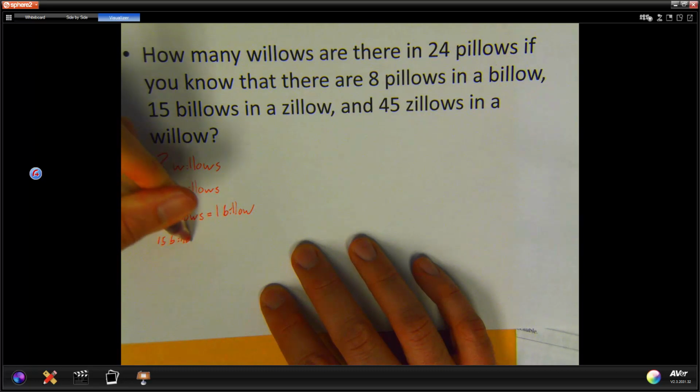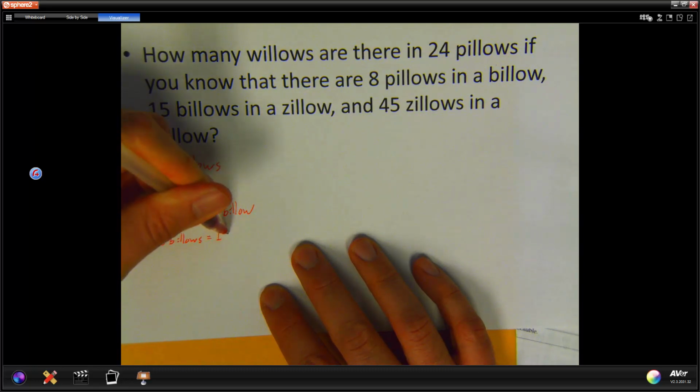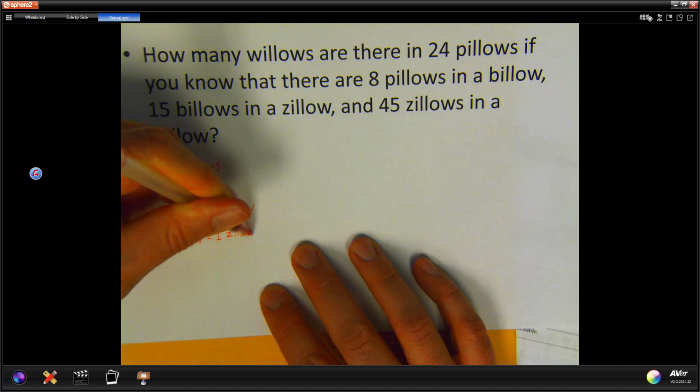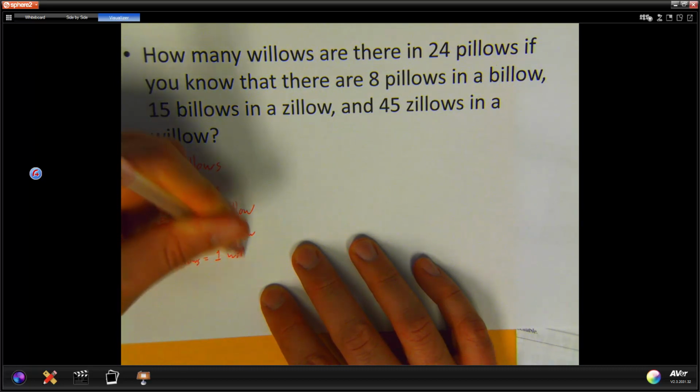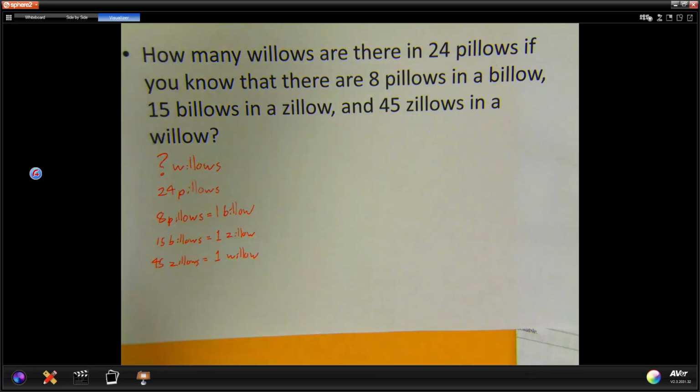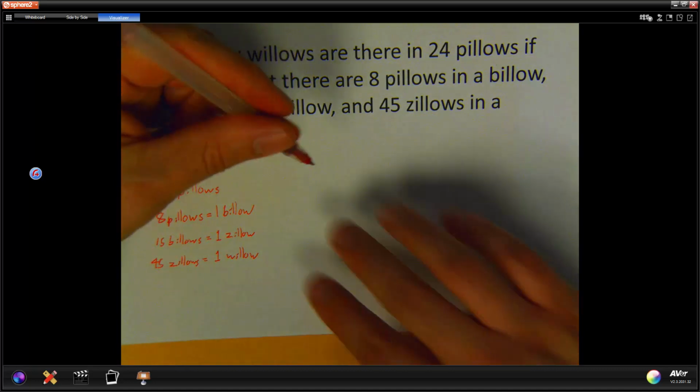So 15 billows equals 1 zillow, and 45 zillows in a willow, so I'll write that one down. 45 zillows equals 1 willow. Okay, so that's our table of information. So we have 3 equalities, we have a question, we have a number by itself. Okay, as always, we want to start with a number by itself, if that's a possibility.